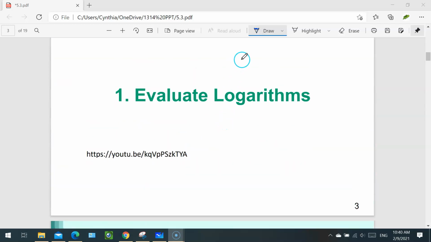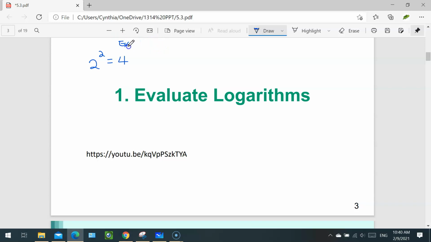Evaluate logarithm. Logarithm is an inverse function of the exponential function. So when you have the exponential form, for example, 2 to the power 2, we know it's 4. Rewrite this exponential equation into the logarithm form.